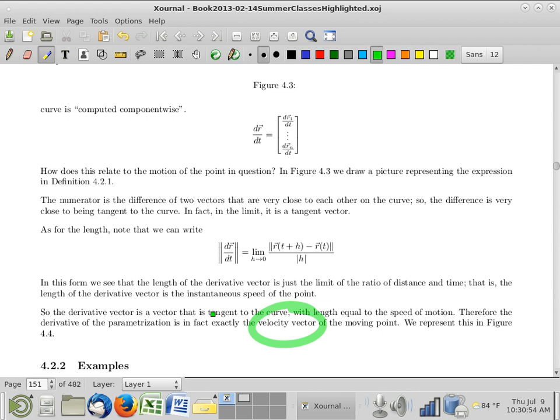So this is the same deal. Here we have a function representing position, and that's position. The derivative ends up then giving you the velocity. So arguably all we've done is generalize something from single variable calculus.